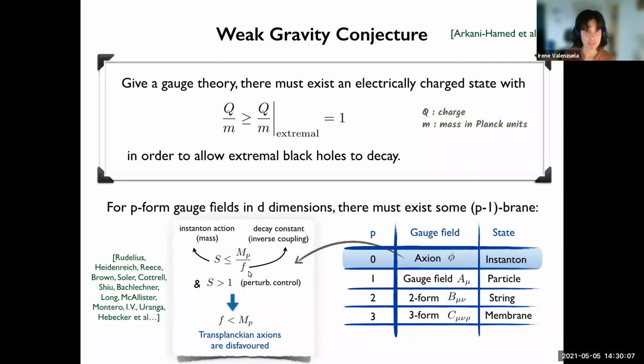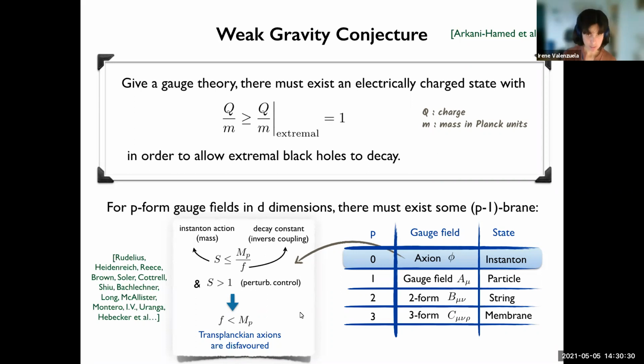No, that would be the inverse gauge coupling. And this, combined with the requirement of perturbative control, is what gave the statement that Transplanckian decay constants are disfavored in quantum gravity, which is what triggered all the activity on the Swampland program 5 years ago, because of the connection with inflation and so on.